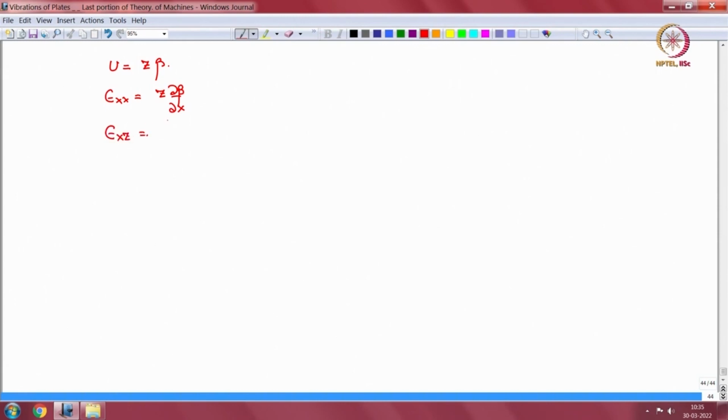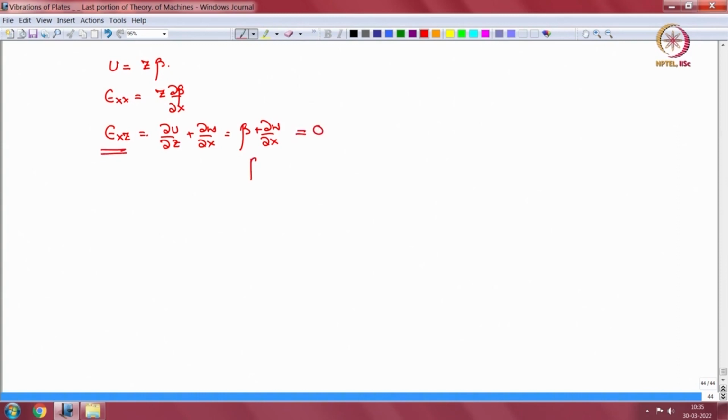That is del u by del z plus del w by del x, equal to beta plus del w by del x. Here for the first time we set shear strain to 0.